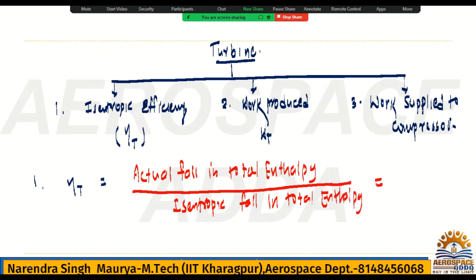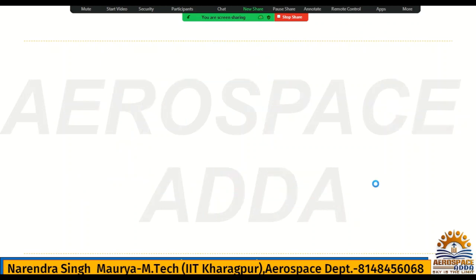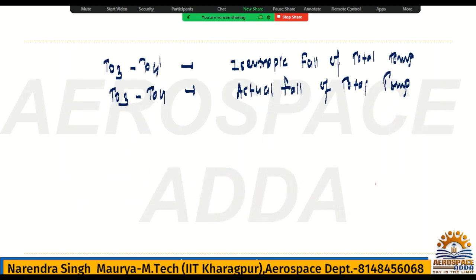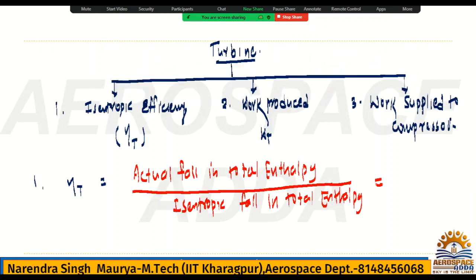How it will be written? What is the actual fall? I have given here actual fall, T03 minus T04. If you write in terms of enthalpies, it will be H03 minus H04 divided by what is the ideal? Ideal it is nothing but H03 minus H04 dash.